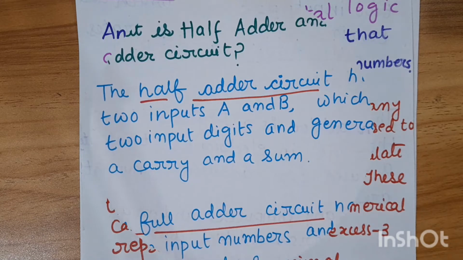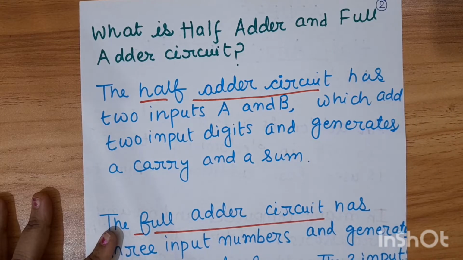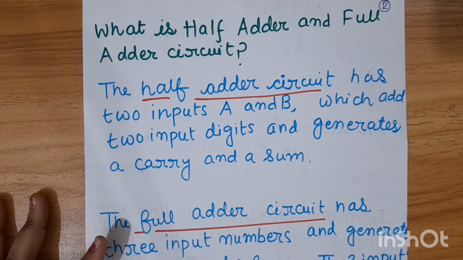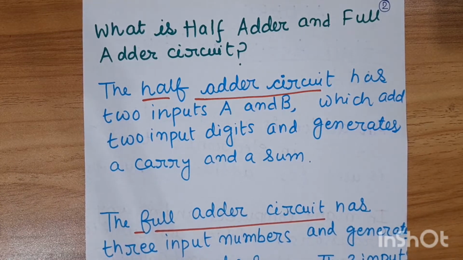Now what is a half adder and what is a full adder circuit? The half adder circuit has two inputs A and B, which add two input digits and generate a carry and sum. So our half adder circuit has how many inputs? It has two inputs A and B, and it generates the carry and sum.